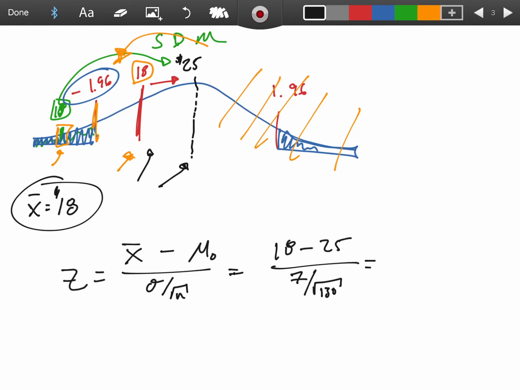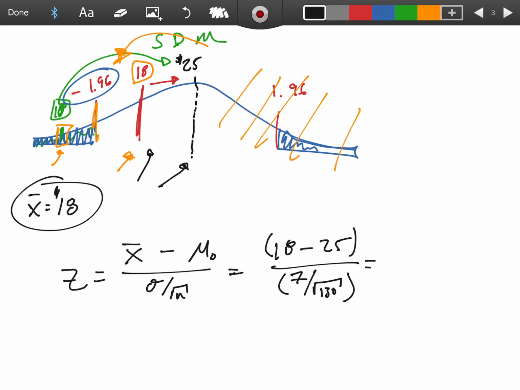My recommendation, by the way, be so careful how you enter this into your calculator. Make sure you put the whole numerator in parentheses, make sure you put the whole denominator in parentheses. That's going to be the easiest way to stay safe with something like this.